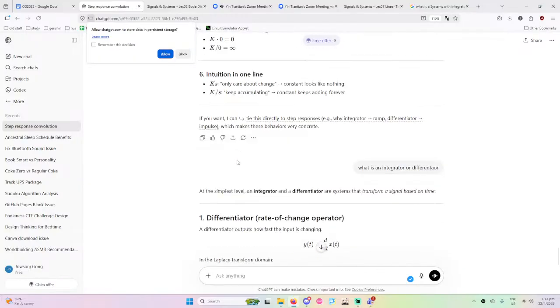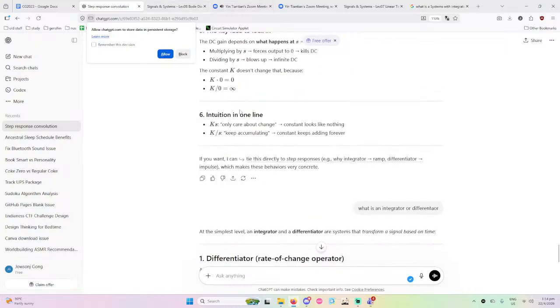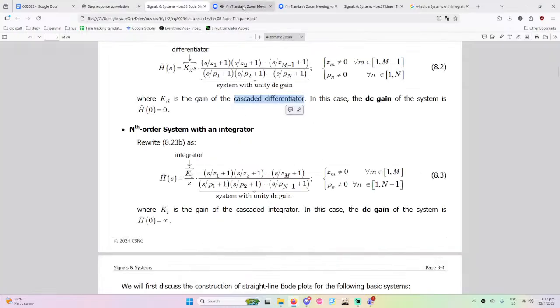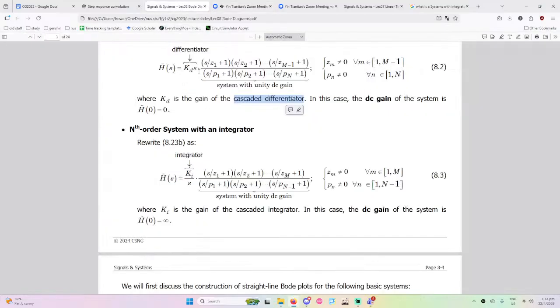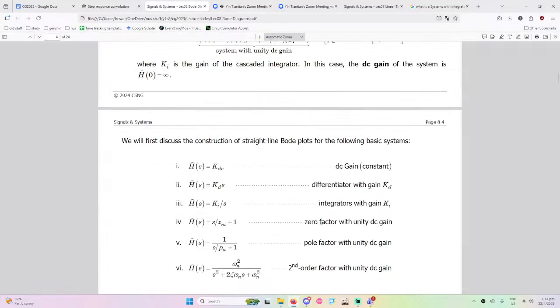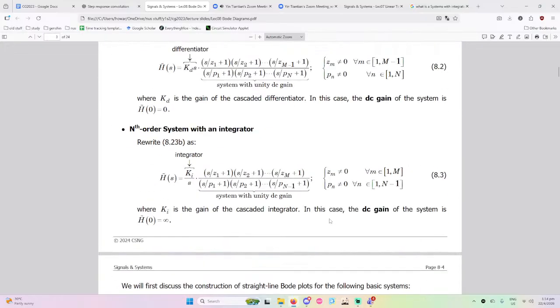J is here. So we know that j is equal to e to the power of j 90 degrees. So in this case, it is equal to KD multiplied by omega multiplied by e to the power of j 90 degrees. Is that correct? Okay. So now here we assume that KD and omega are both larger than 0.